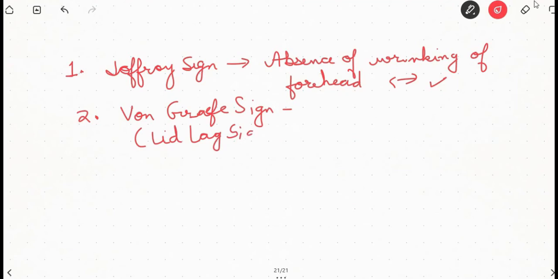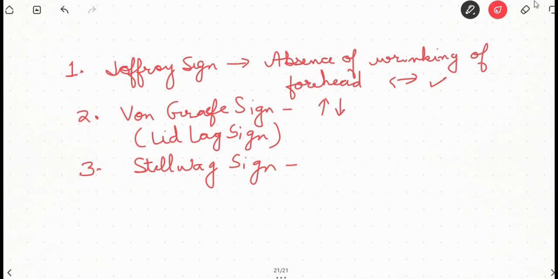When the patient is asked to look up and down, the upper eyelid cannot cope with the speed of movement of the finger because of lid spasm. Third is the Stellwag sign, that is infrequent blinking and widening of the palpebral fissure.